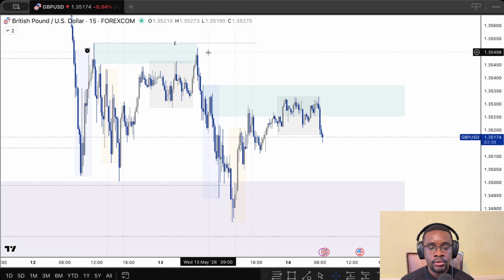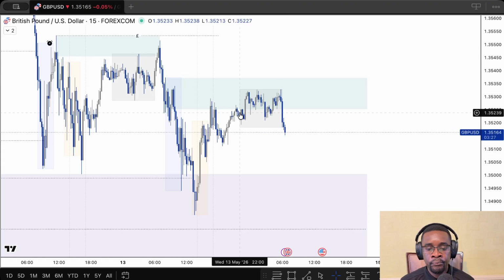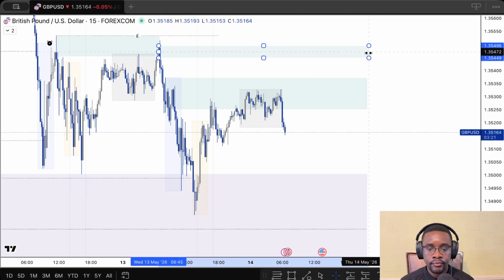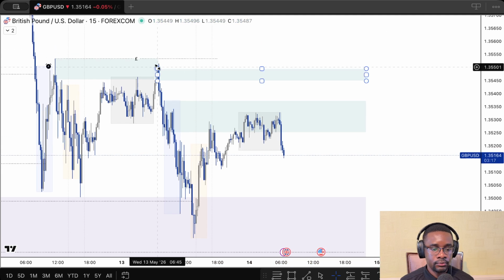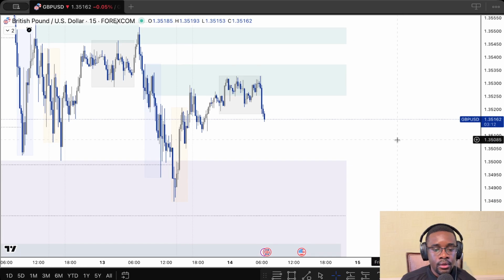We do have relative equal highs. Okay, so that's what we have at the moment. So I'm just gonna mark my extreme zone. Okay, so that's what we have.